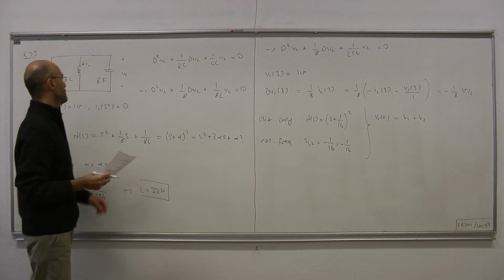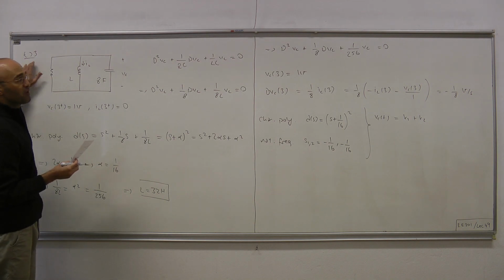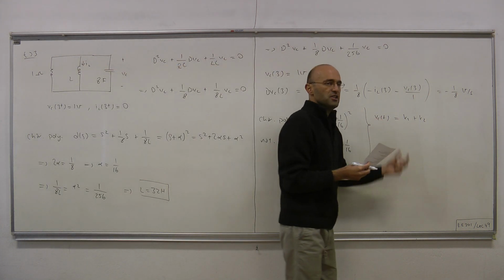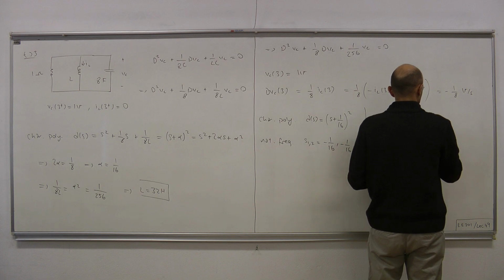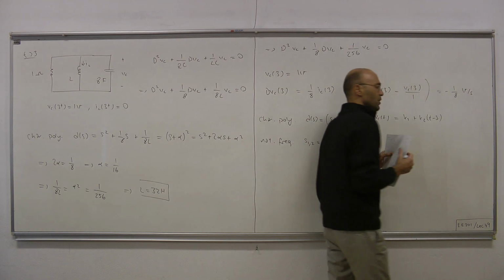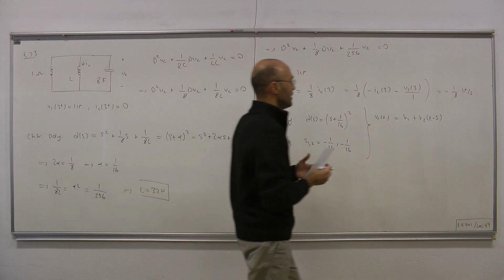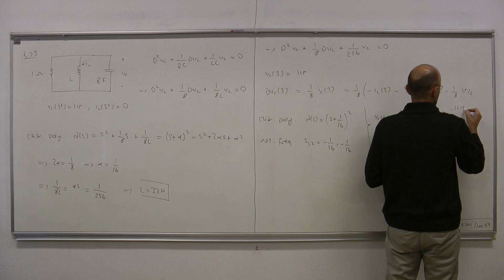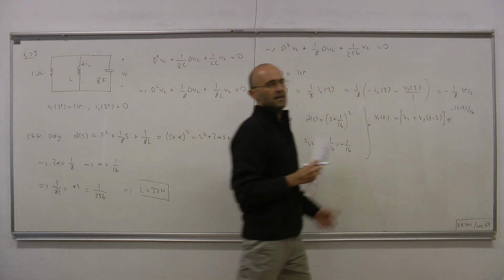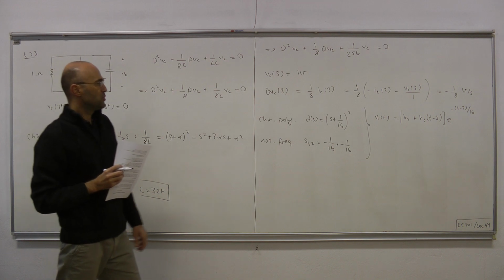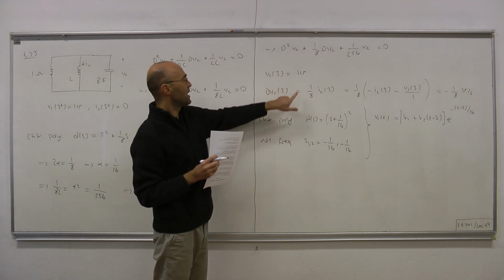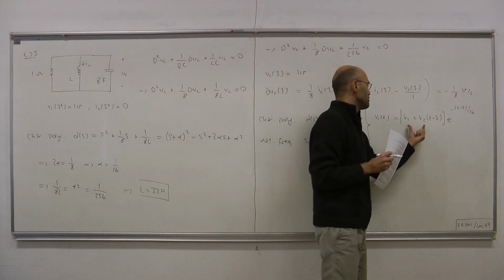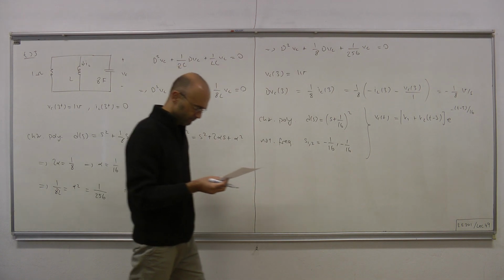But since the initial time we're now considering is 3, it's easier to deal with Vc(t) if you write it in this form: K1 plus K2 (t minus 3), because 3 is now our new initial time, times e to the minus (t minus 3) over 16. Using the initial conditions, Vc(3) equals 1 and dVc(3) equals minus 1 over 8, we will figure out the two unknowns in the homogeneous solution, K1 and K2.